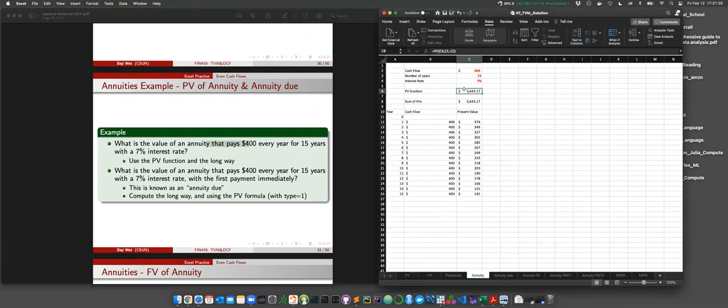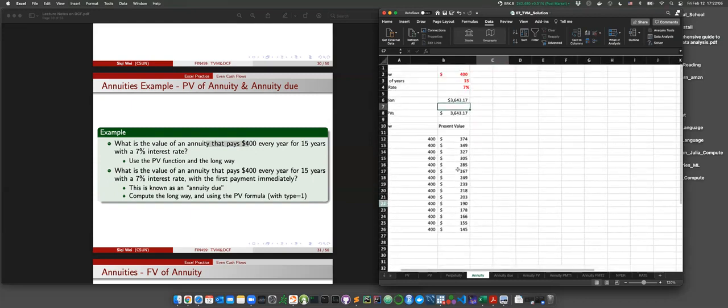Well, you can obviously use the Excel embedded present value function, same as in the previous two examples. You input the rate, the number of periods, and the payment, and drop the future value component, since we don't have any future value in this context. It's pretty simple.